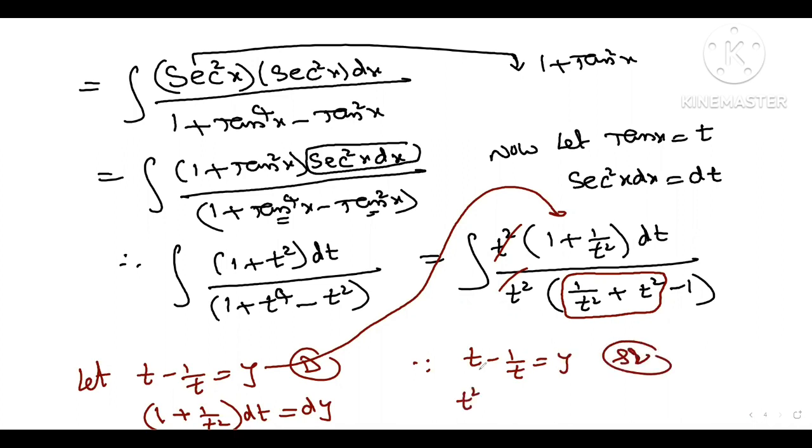According to (a minus b) whole square equals a square plus b square minus 2ab, we get t square plus 1 by t square minus 2 into t into 1 by t is equal to y square. So t square plus 1 by t square minus 2, sending it to the other side, we get t square plus 1 by t square is equal to y square plus 2.